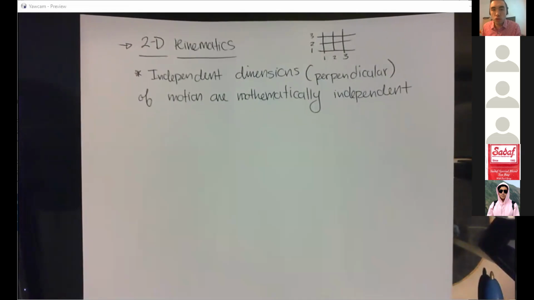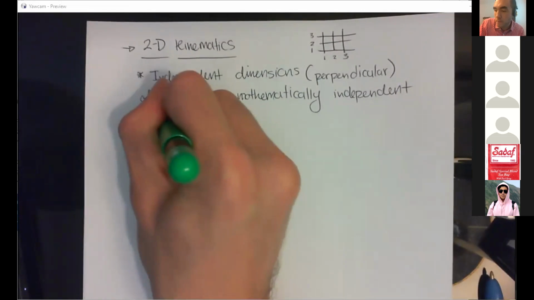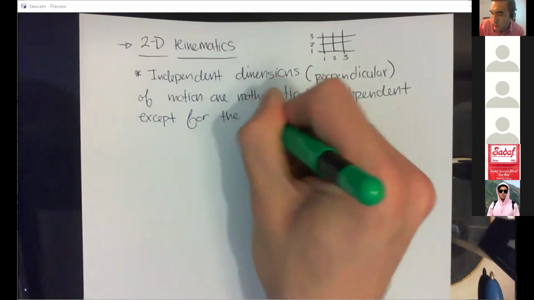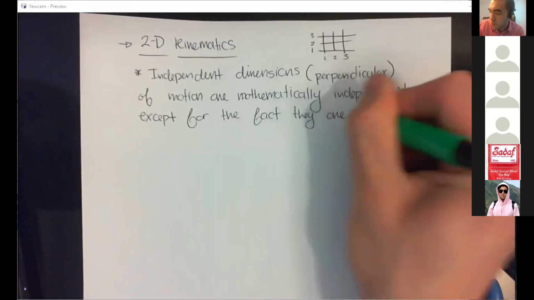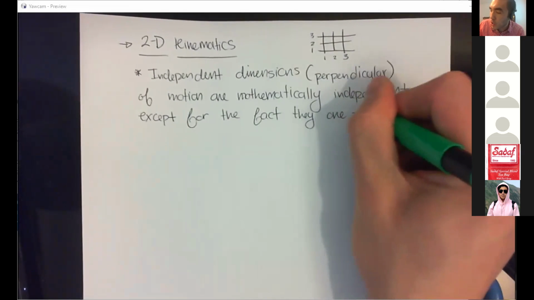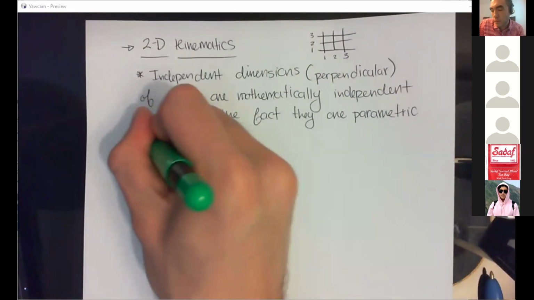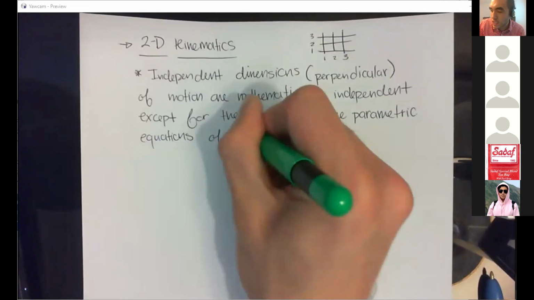Independent dimensions of motion are mathematically independent, except for the fact that they are both parametric equations of time.